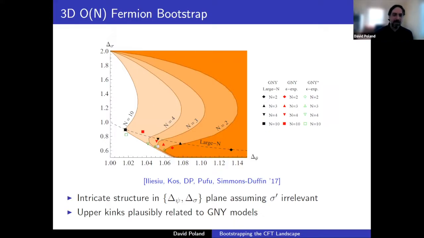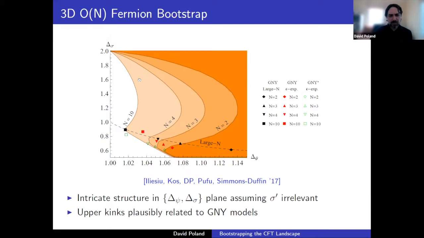There are some kinks, and it looked like the locations of some of these kinks matched pretty nicely to estimates in the GNY models. But of course, this story gives us a bootstrap way to estimate these dimensions under a conjecture, but it's not on very solid ground.